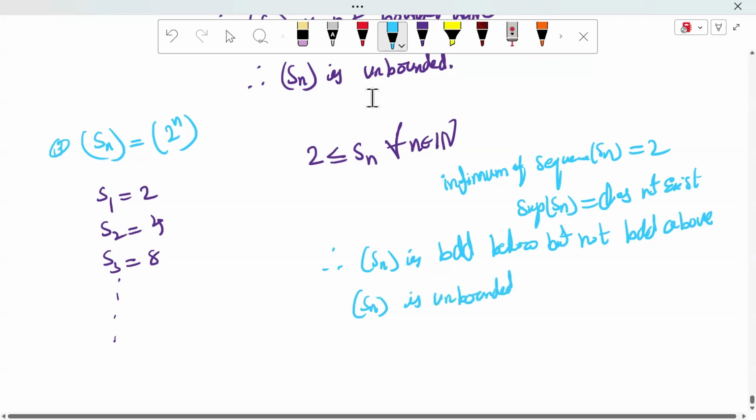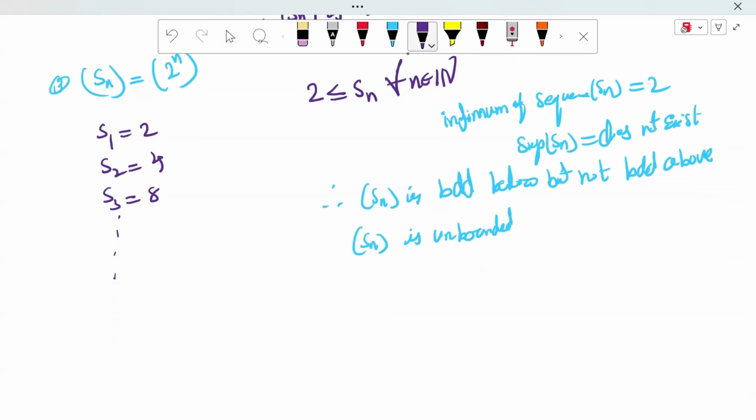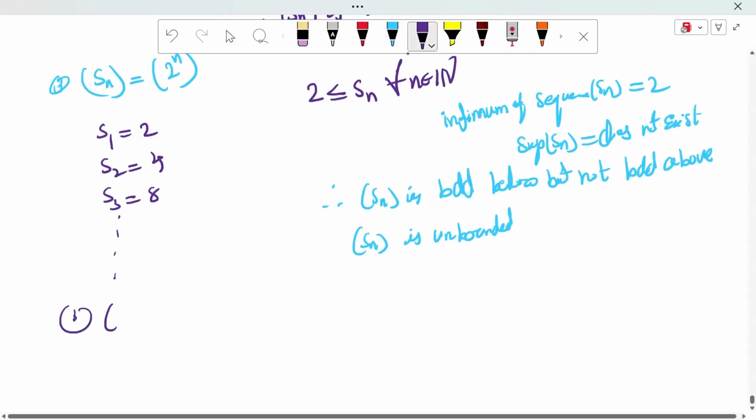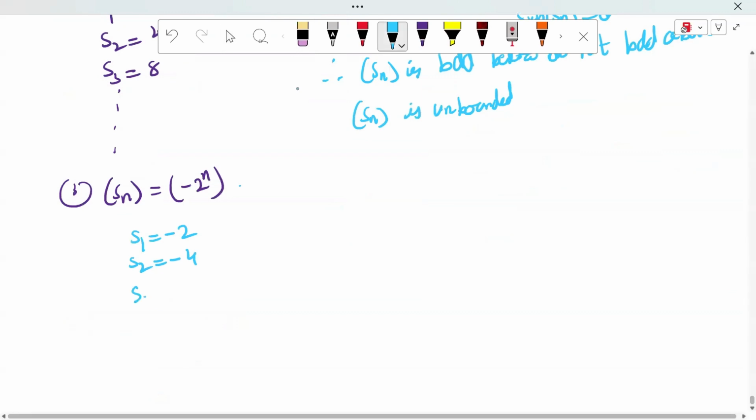For example, Sn is equal to minus 2 power n. Is it a bounded above sequence? Let us see what happens. S1 is equal to minus 2, S2 is equal to minus 4, S3 is equal to minus 8, and so on.